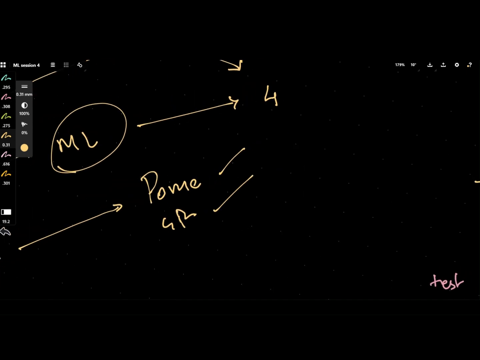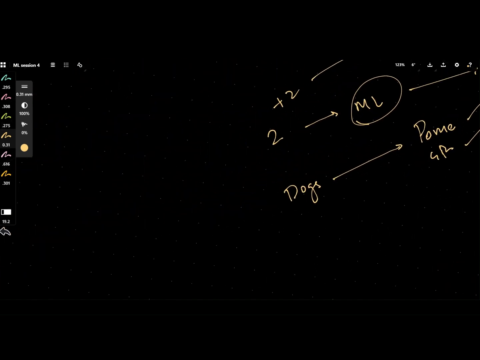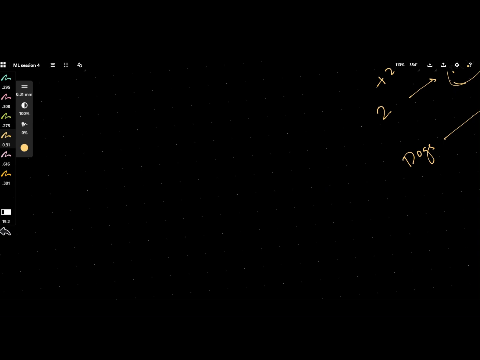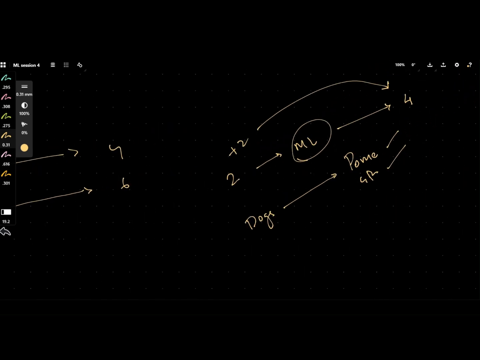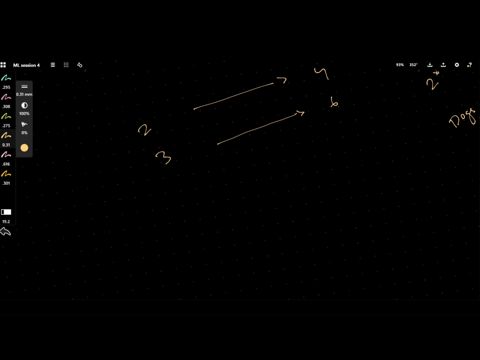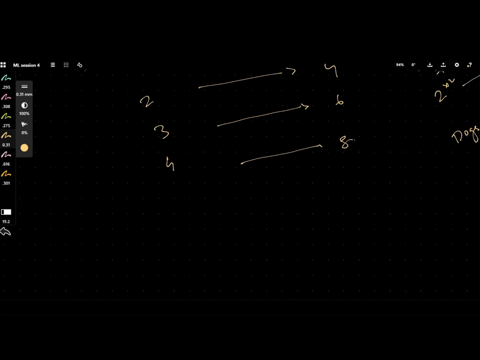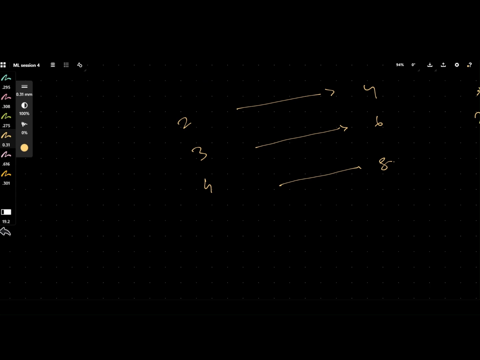Similarly, to teach an ML model even simple things, we need a lot of examples like 2, 4, 3, 6. Let's make it multiplication. 4, 8. So this is a simple thing.